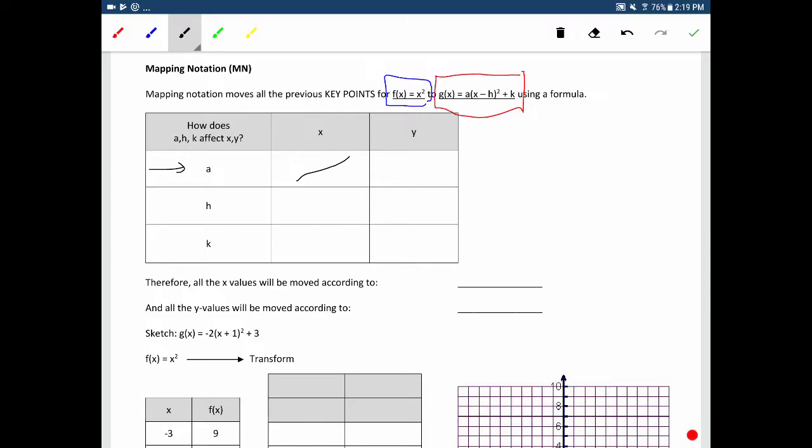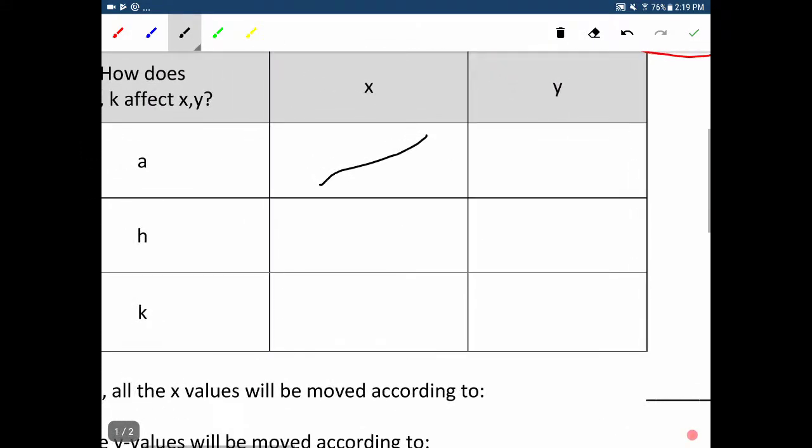What it is going to do is affect our y. So we take that y value and multiply it by the a, and by multiplying by that a value, it gives us that vertical stretch. This will make more sense when I do it as an example.